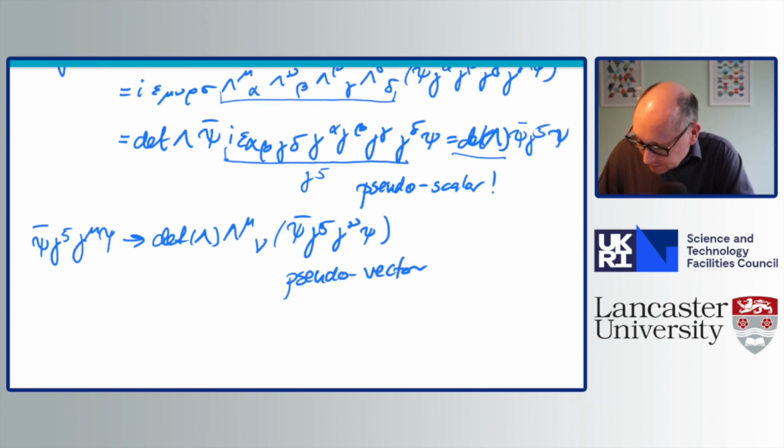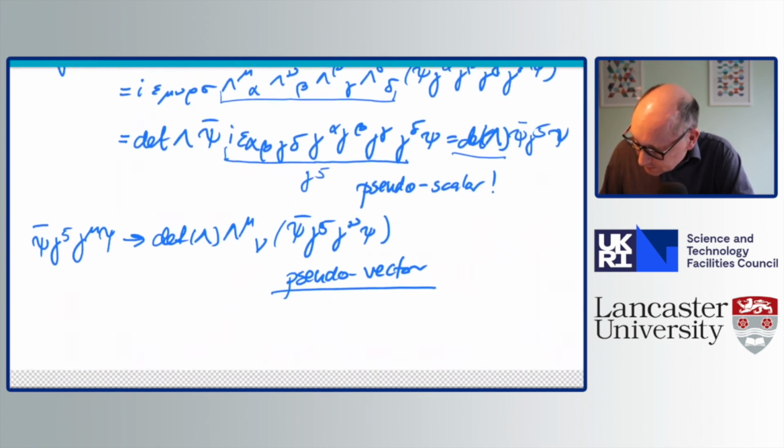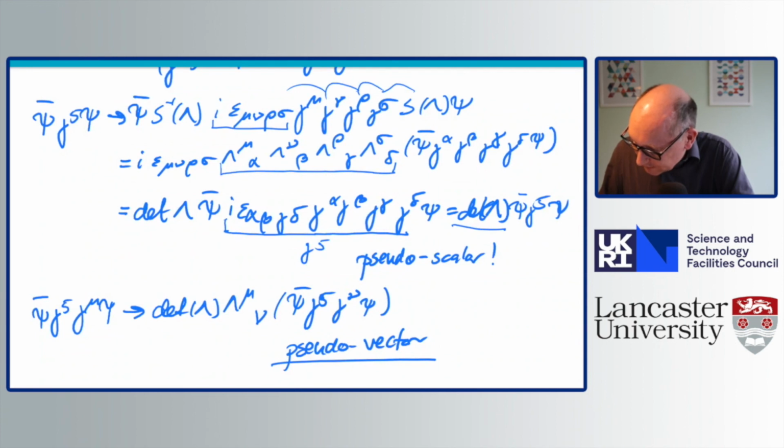There's an extra sign compared to how a vector translates, and here for the pseudoscalar it translates almost like a scalar. There's just the sign of the determinant in the Lorentz transformation.